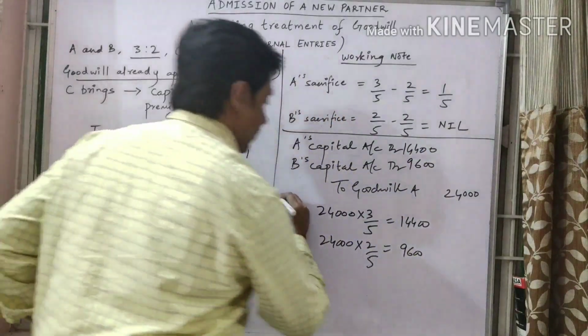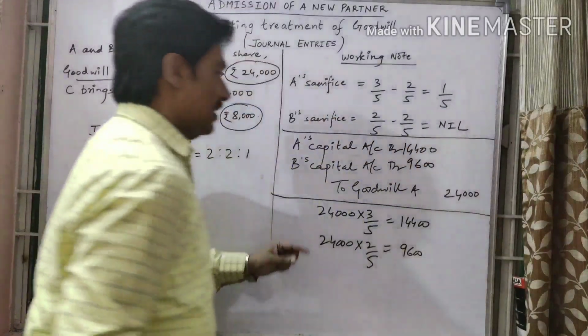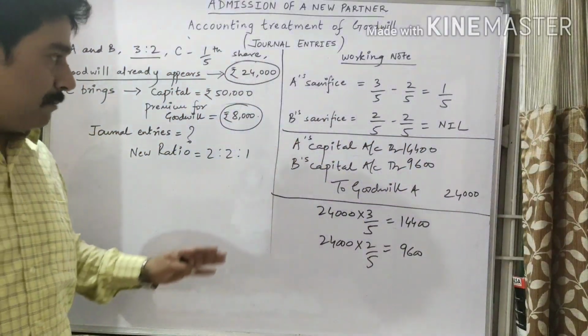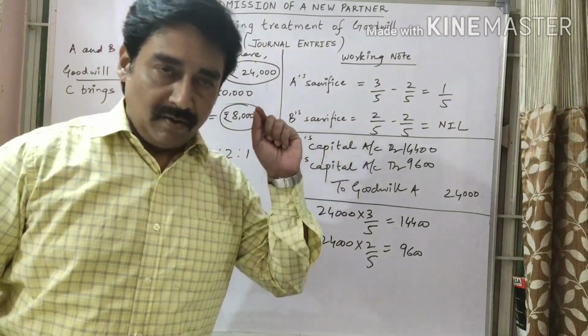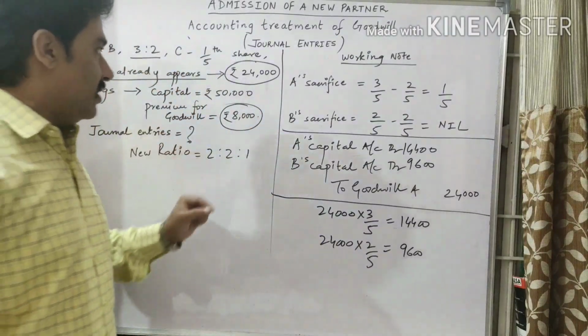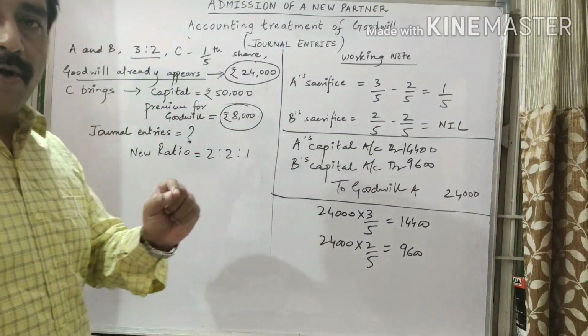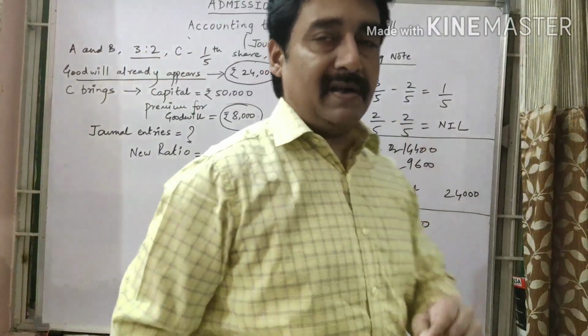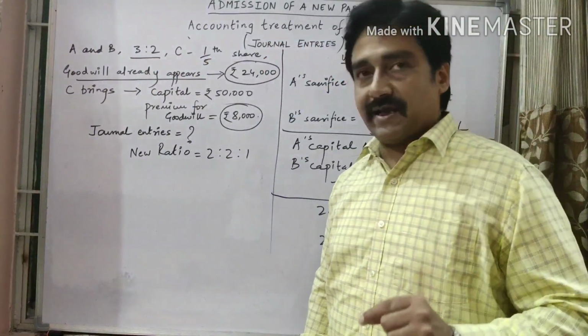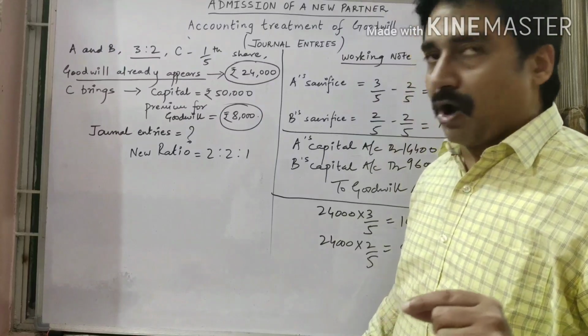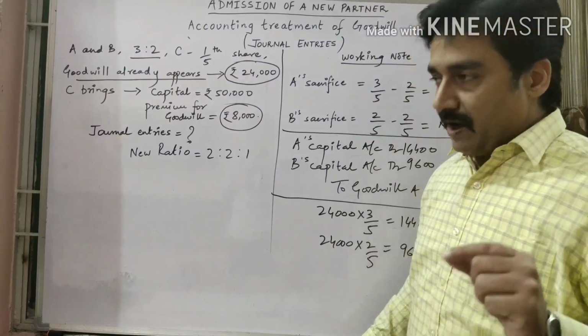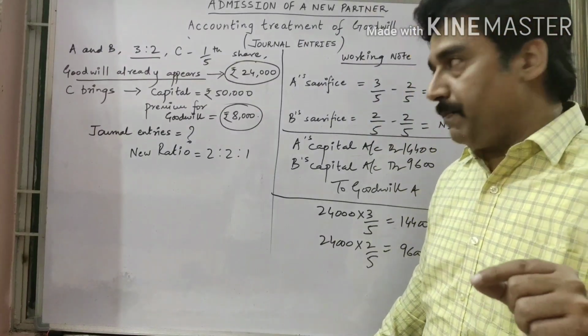Okay, so children, this entry is a very easy one but very important one, because this relates to the provision of AS 26, which tells us that goodwill cannot be shown in the books unless money or money's worth has been paid for it.